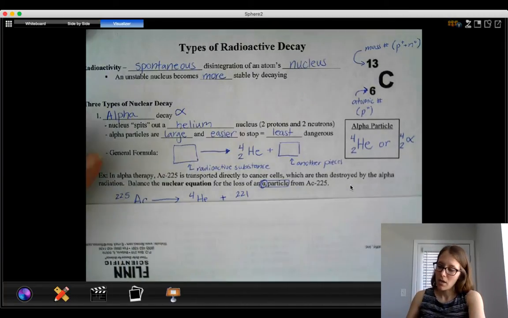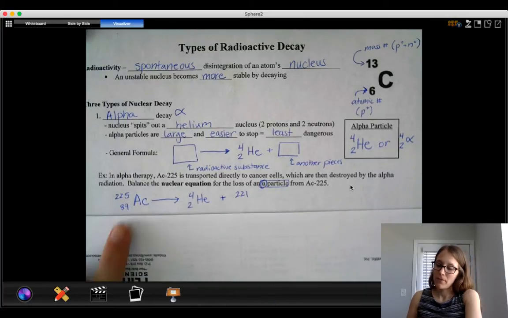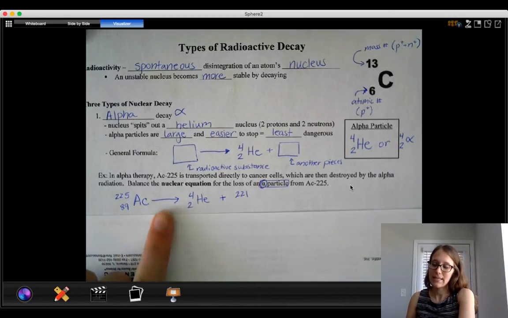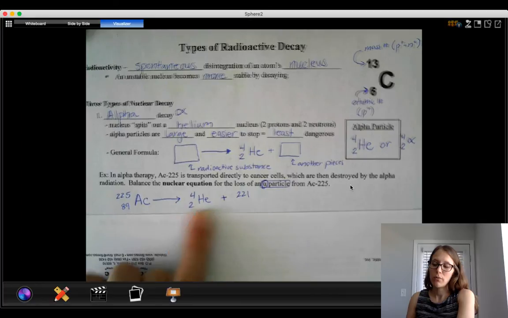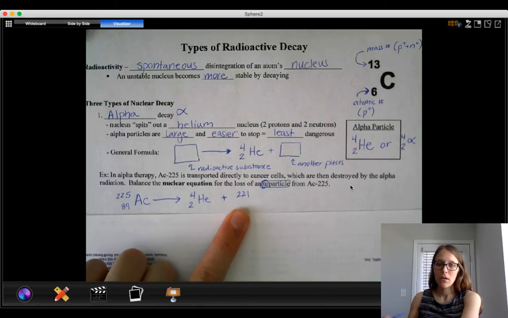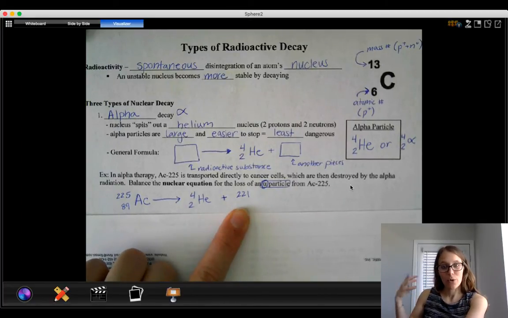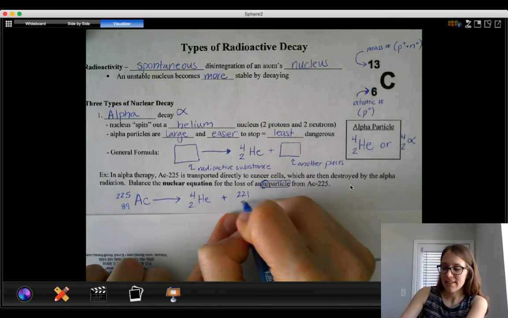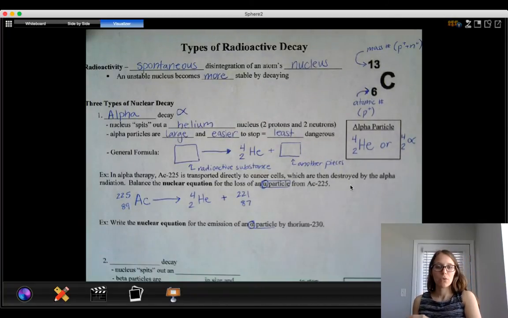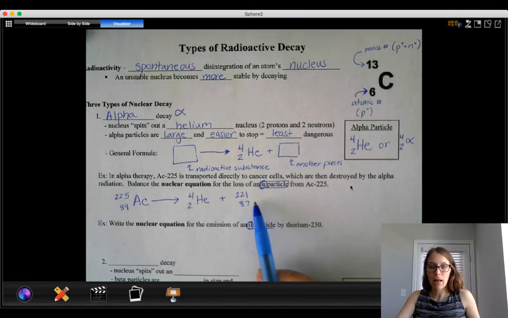I'm going to do the same thing on the bottom. 89 is equal to 2 plus how many? We had 89 protons before, we spit out 2 of them, so how many are still there? That would be 87. 87 plus 2 is 89. The last thing we need to do is figure out what element this is.